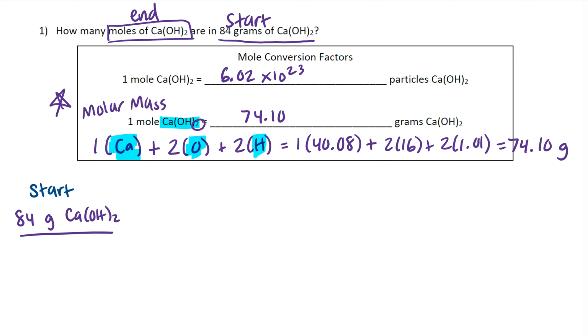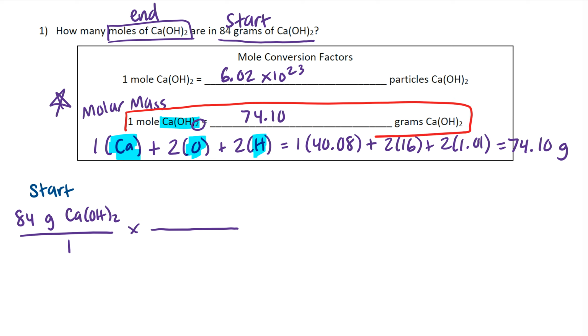Then we're going to put that over 1 as we've practiced, and we're going to need to multiply it by one of the conversion factors from above. And since my start is grams and my end is moles, it makes the most sense to choose a conversion factor that has both of those units. And that's going to be the second one. 1 mole of calcium hydroxide is equal to 74.10 grams of calcium hydroxide.